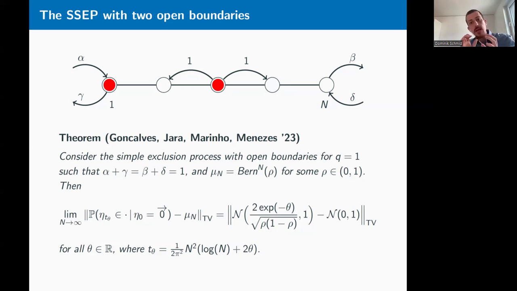And understanding this tilt is the key to getting these very precise results for the limit profile. In the first result, it's a rather explicit computation. And in the result by Gonçalves and others, it is using some entropy techniques. Okay. But it turns out that, to the best of my knowledge, that's it.